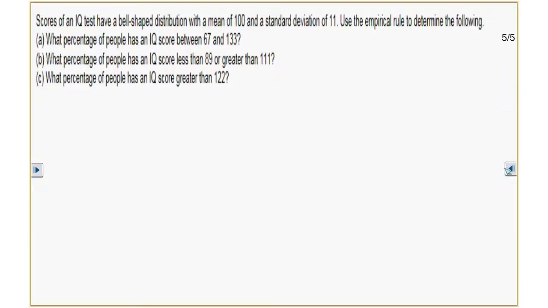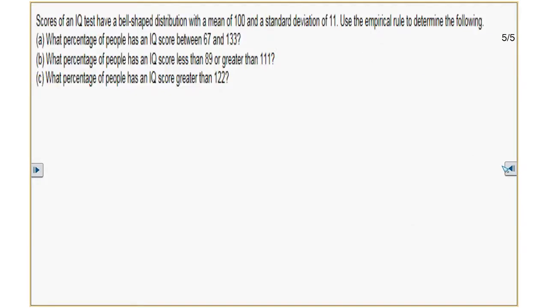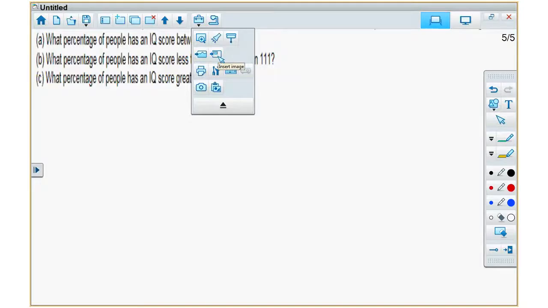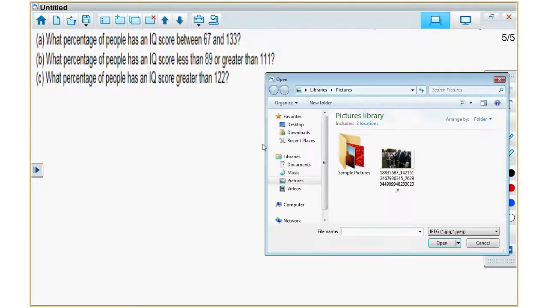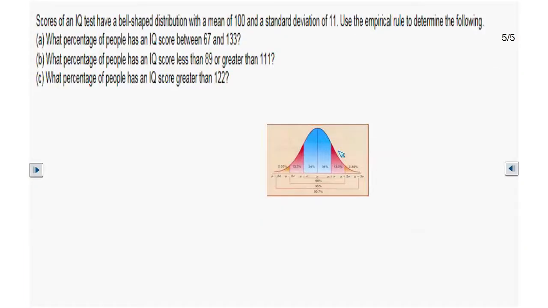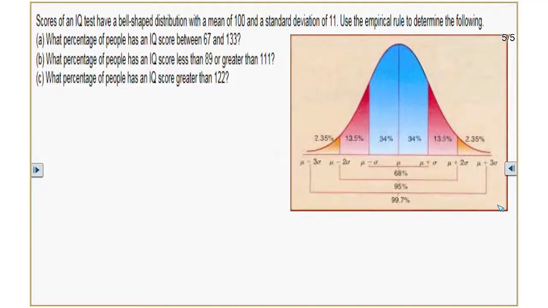Now I'm going to bring in the empirical rule. There's the empirical rule. And so you don't even have to write anything.